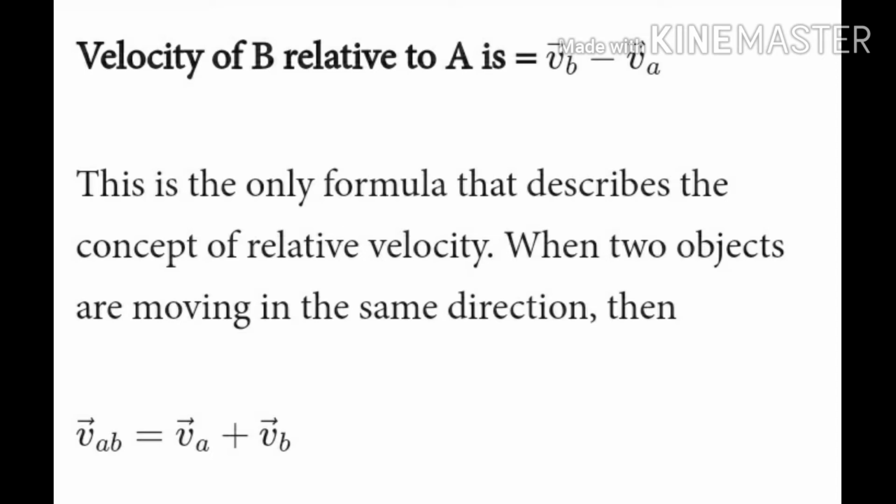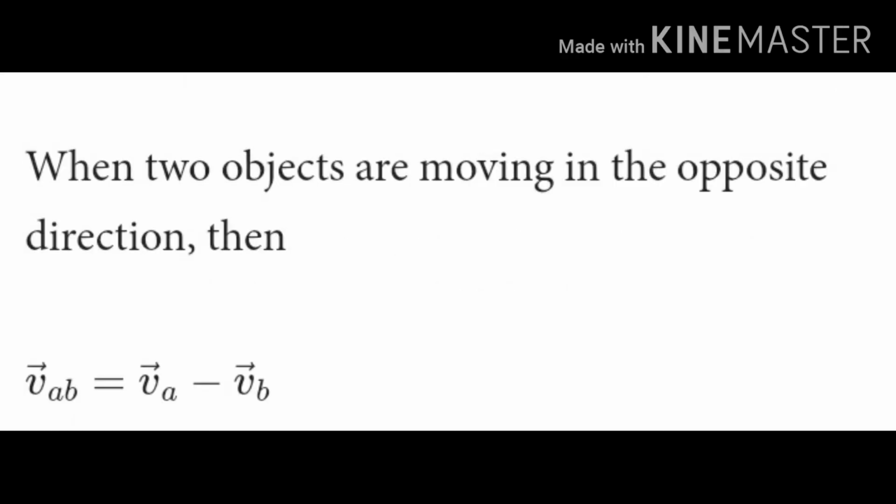When two objects are moving in the same direction, then our formula becomes V_AB = V_A minus V_B. When two objects are moving in the opposite direction, then the formula becomes V_AB = V_A plus V_B. So these are the formulas for when objects are moving in the same direction and in the opposite direction.